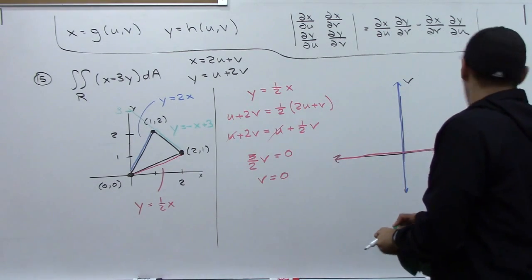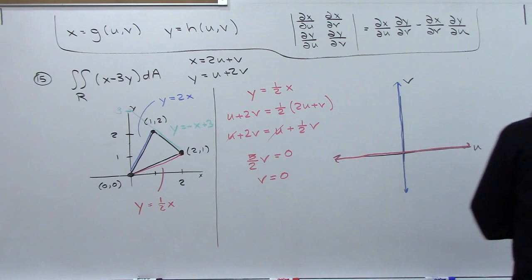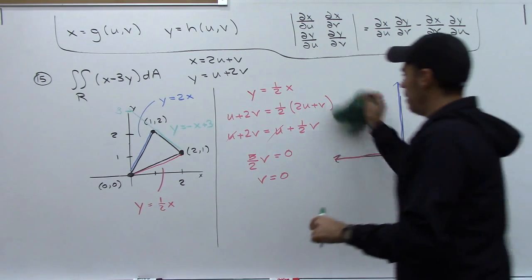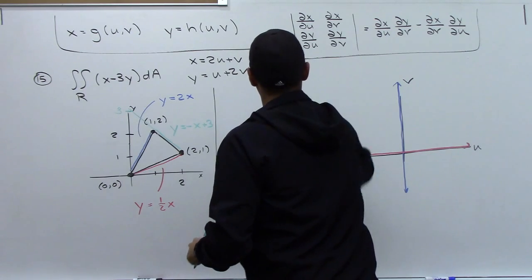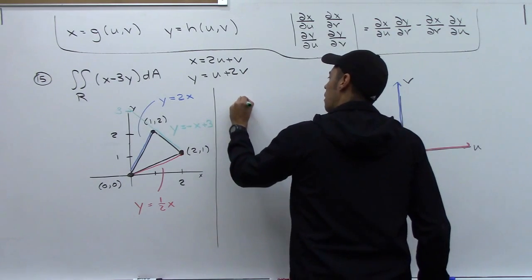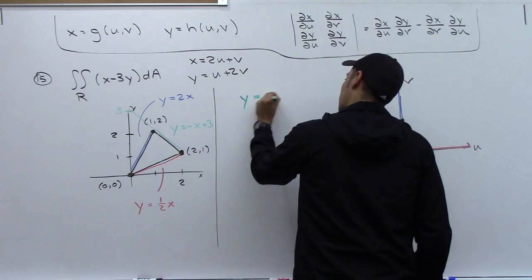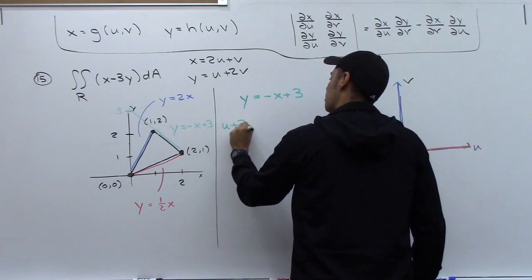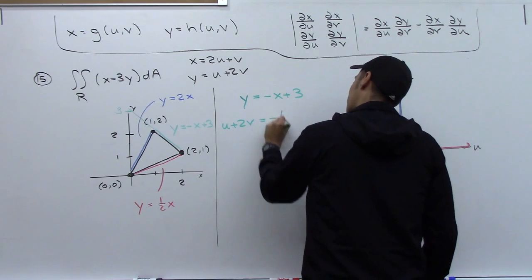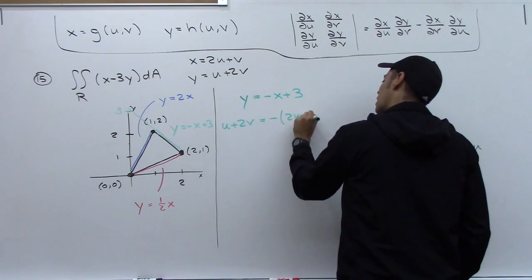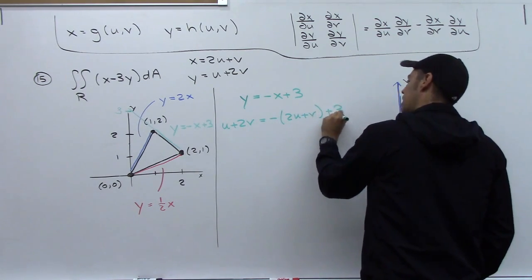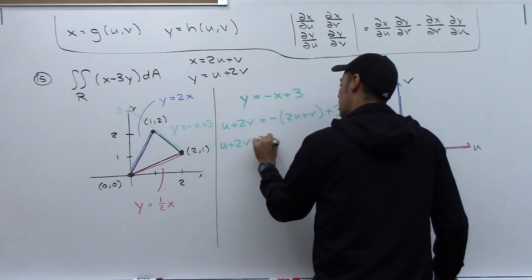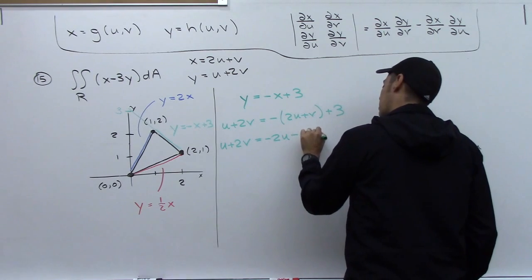Write that down. y equals negative x plus 3. So y is u plus 2v equals negative x, and x is 2u plus v, then plus 3. So u plus 2v equals negative 2u minus v plus 3.